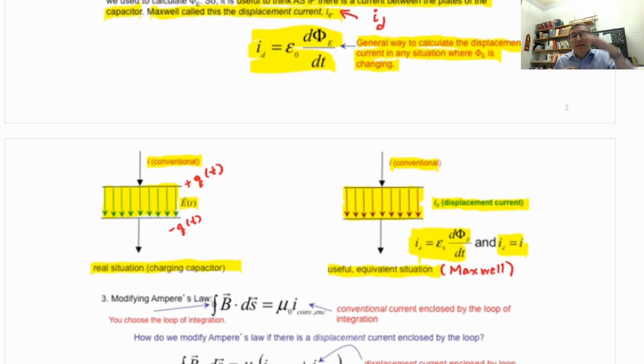The top plate is a shower head, one of those big flat shower heads that produces rain in the shower coming down at a steady rate. And the displacement current is all that rain that's coming down from the shower head. Then the bottom plate is the floor of the shower. And in the floor of the shower, there's a drain. And the water then goes down the bottom wire, which is actually another pipe for the drain water.